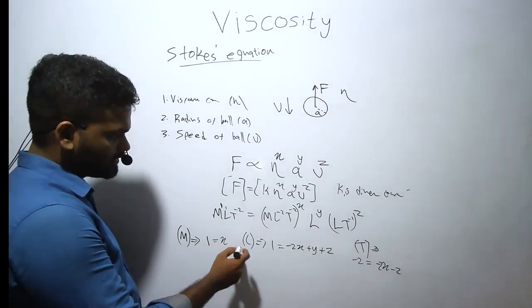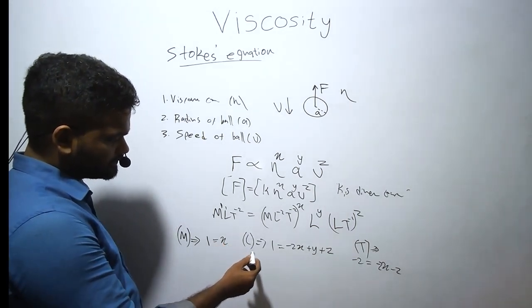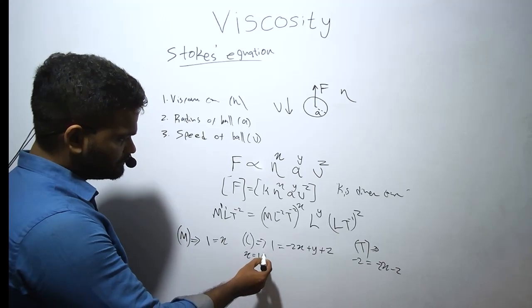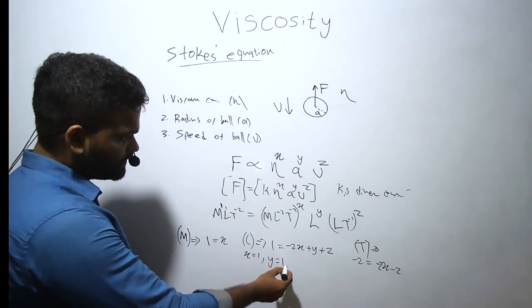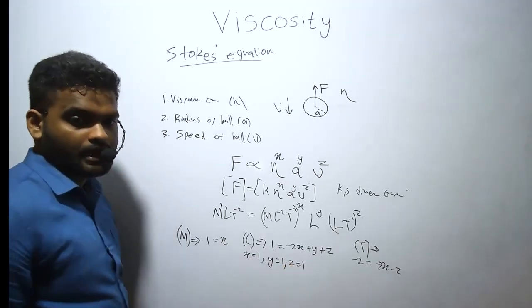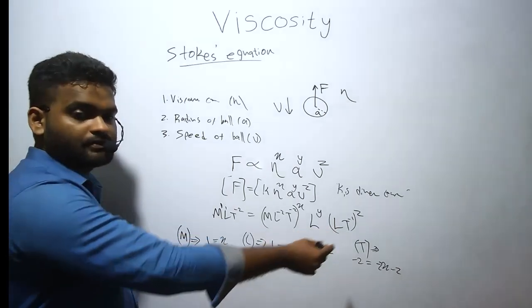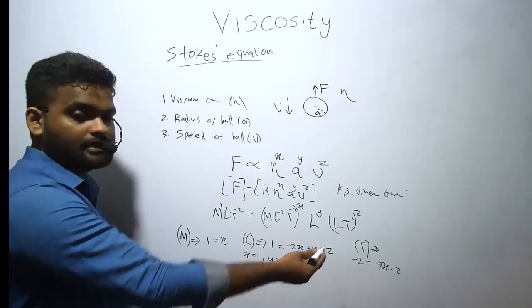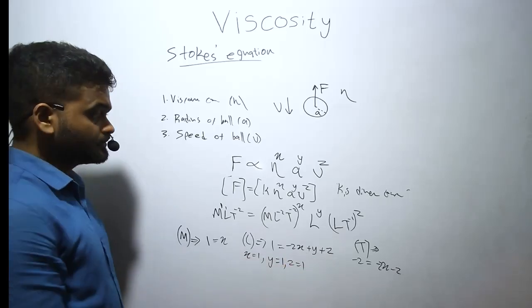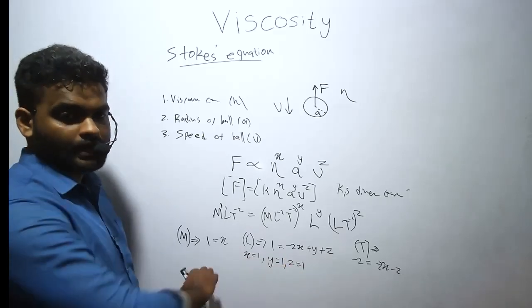Yeah. x should be 1, y should be 1, z should be 1. Everything should be 1. Did you get the answer? When you solve this, x is 1, y is 1, z is 1. So we have found the powers.